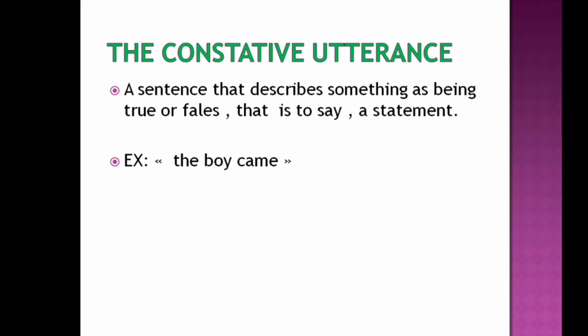A constative utterance is a sentence that describes something as being true or false. That is to say, a statement. The boy came. The boy might have come or may not. So it's a statement that could be regarded as true or false.